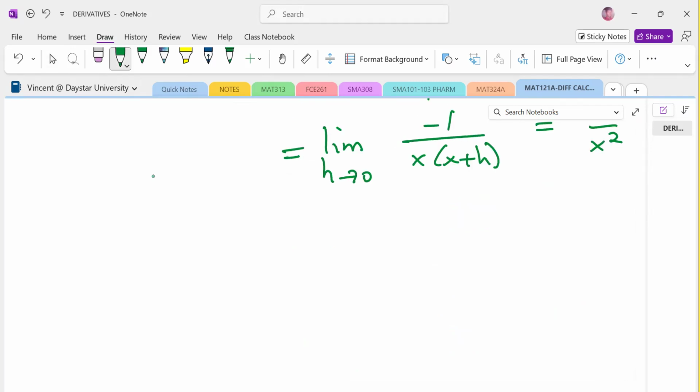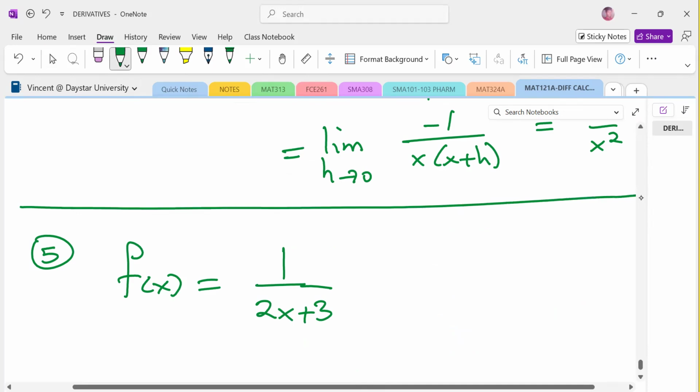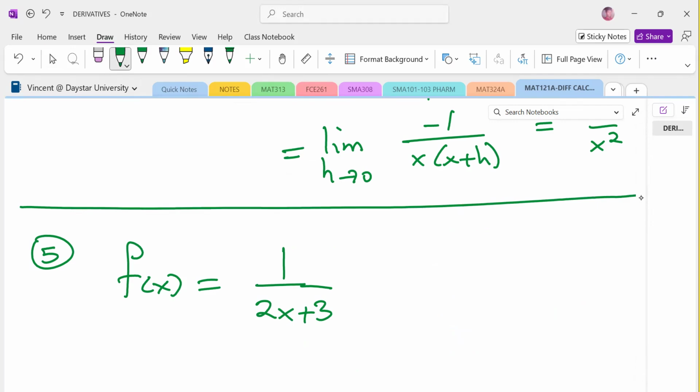Then can you try this? f of x equals 1 over 2x plus 3. I give you 2 minutes to try this. Follow the same process. Calculate the derivative of 1 over 2x plus 3.